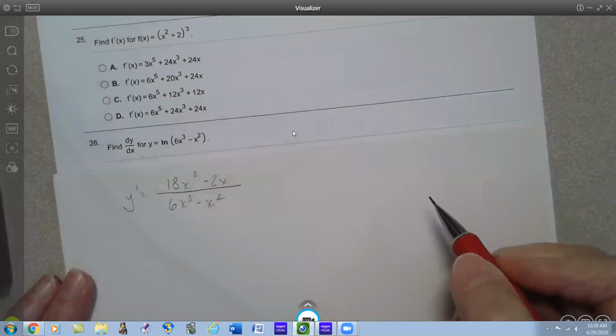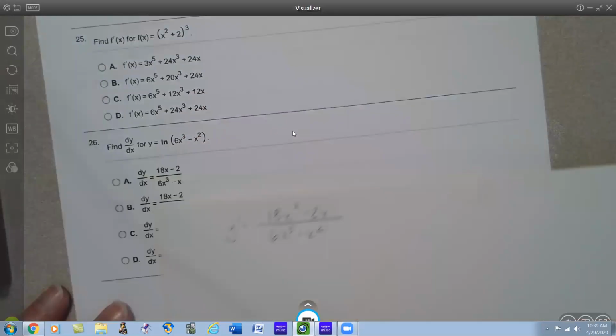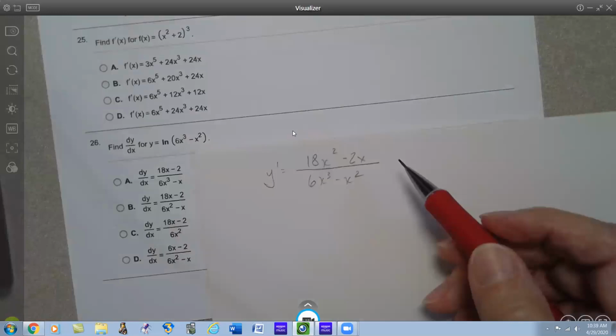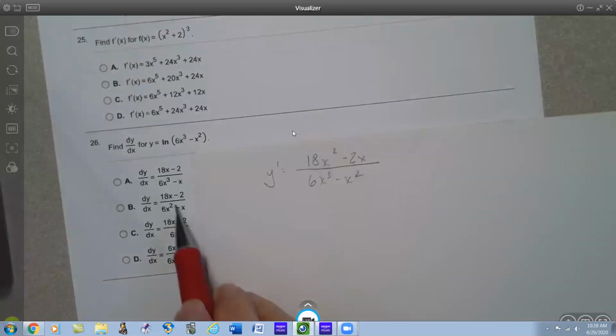Now, they might have done something. Let's look. If you'll notice, the exponents are a little bit smaller down through here. I have got x's, numerator and denominator.